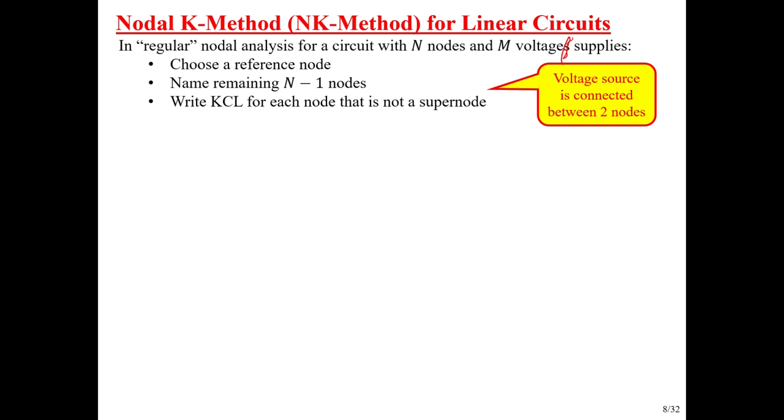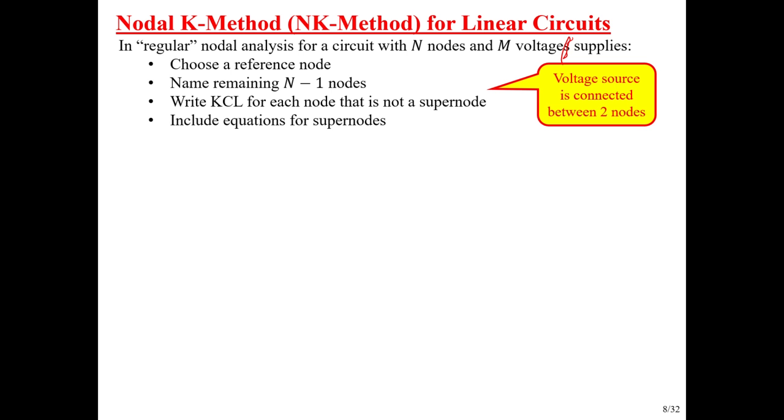And we're going to write it symbolically. We're not writing numerical things at this point. Then we have to include equations for the supernodes, and those are pretty straightforward. Remember, a supernode consists of two nodes with a voltage source connected between them. That means we know the value of that voltage source, therefore we know the difference between the voltages at those two nodes.